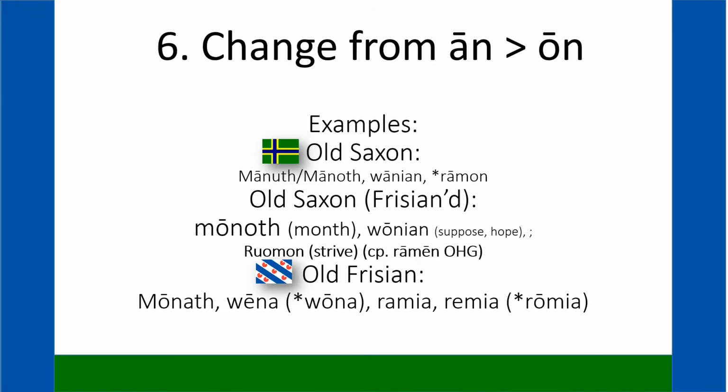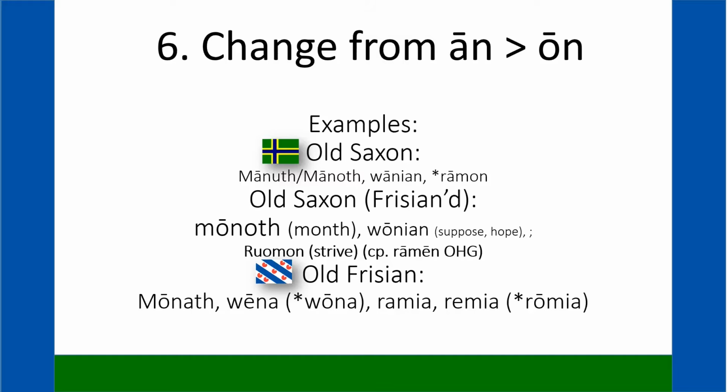The sixth change due to Frisian influence is that we have long A plus N turn into long O plus N. So, for example, we have in Old Saxon manuth, manoth, wanian, and reconstructed ramon. Then we have the Frisianized Old Saxon, monoth, wonian, and this interesting one where it's a diphthong.